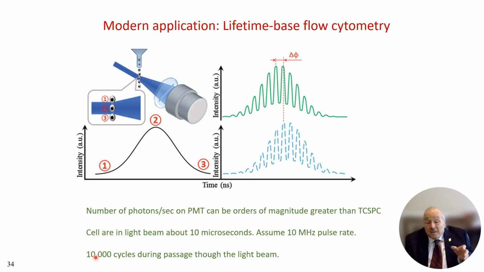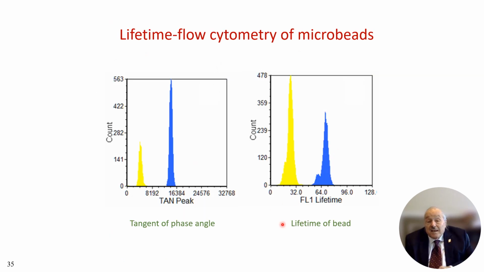The papers don't say that many, but if it's a 10 megahertz pulse train, you get numerous measurements just while that single cell is going through the light beam, and you can analyze that numerically or digitally, and separate the cells based on the lifetime.